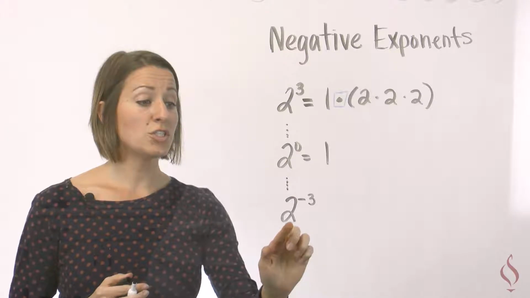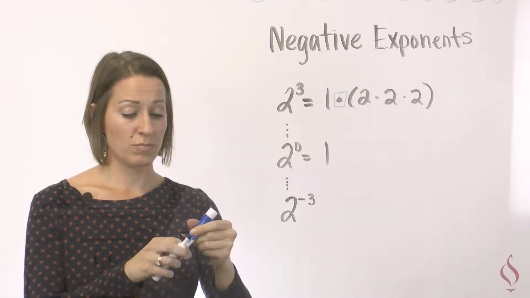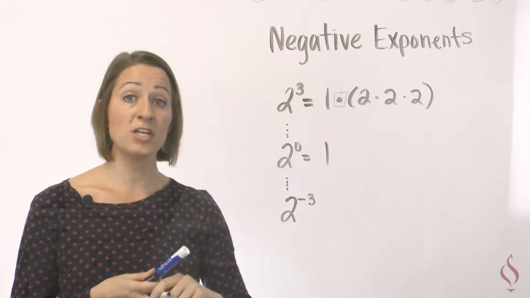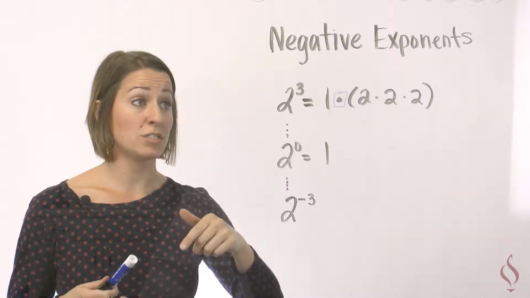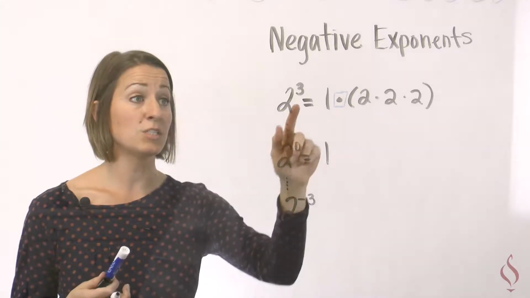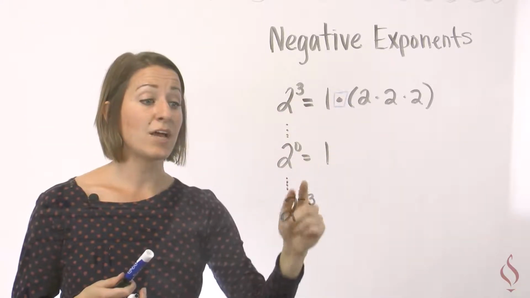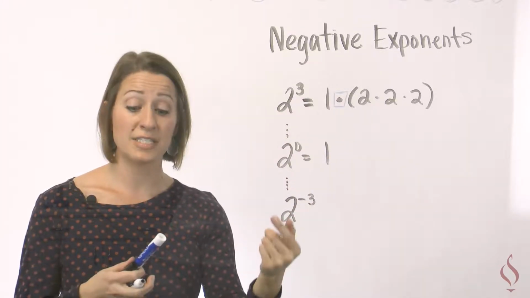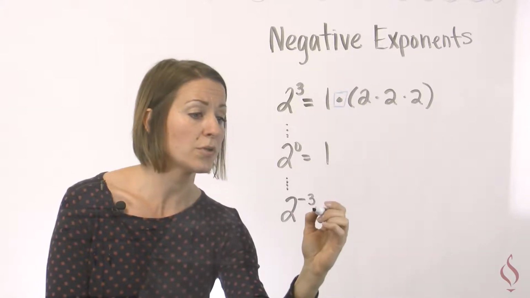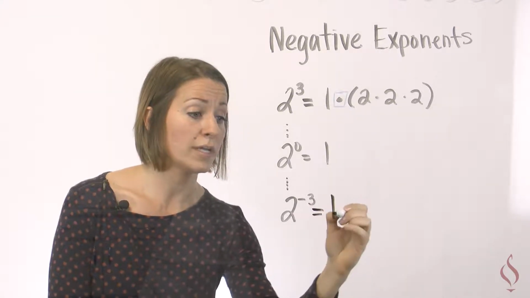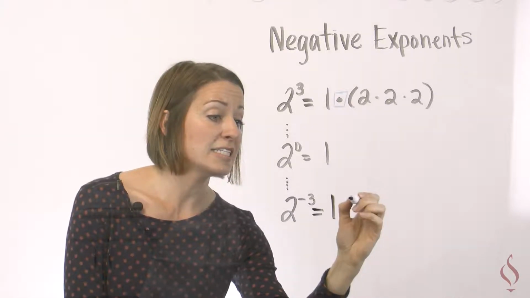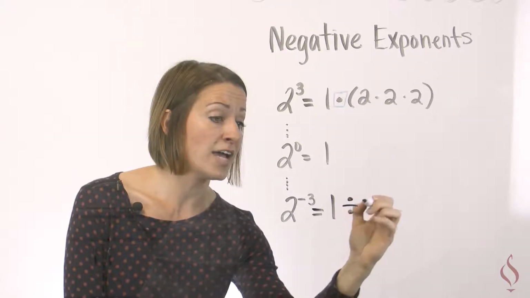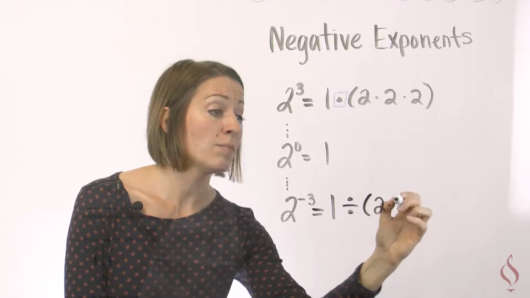Okay, we're going to do a similar thing down here, but instead of multiply, we're going to do the opposite operation, which is division, because this was a positive 3, and the opposite of a positive 3 is a negative 3. We're still going to have our 1, because remember, 1 is a factor of all the numbers. This time we are going to divide by the product of 3 2's.